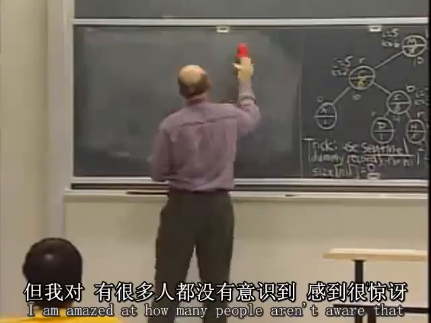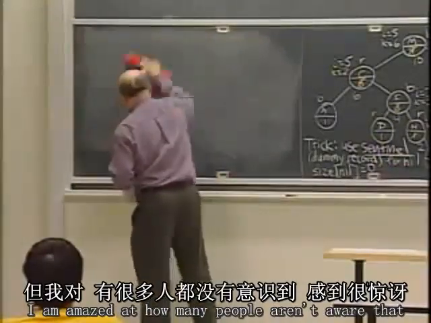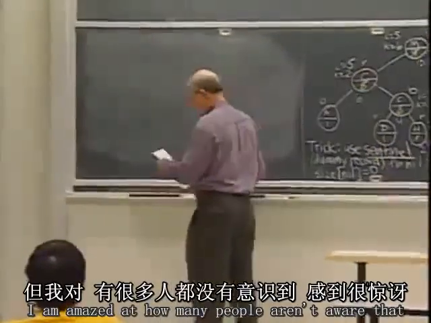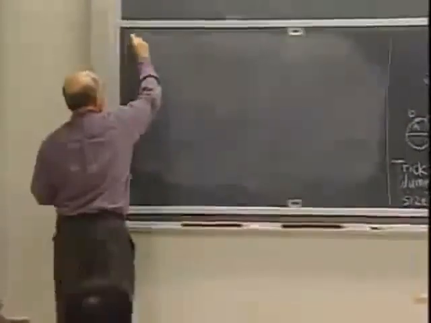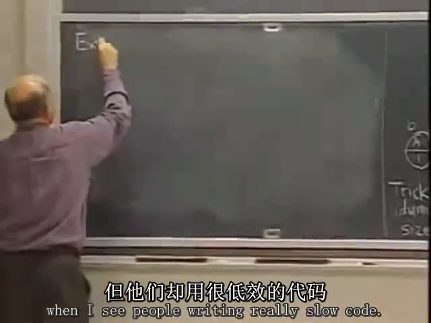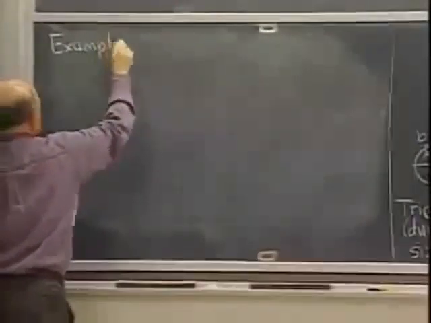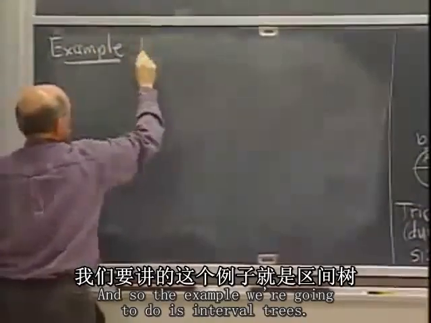And I'm amazed at how many people aren't aware that there are data structures of this nature that are useful for them when I see people writing really slow code. Okay, and so the example we're going to do is interval trees.